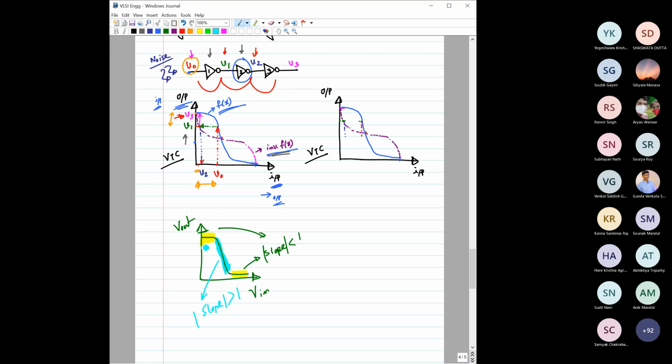If you see this type of property in any VTC, then you can cross check and you will find that that particular gate would be regenerative in nature, which means it will gradually nullify the effect of noise.